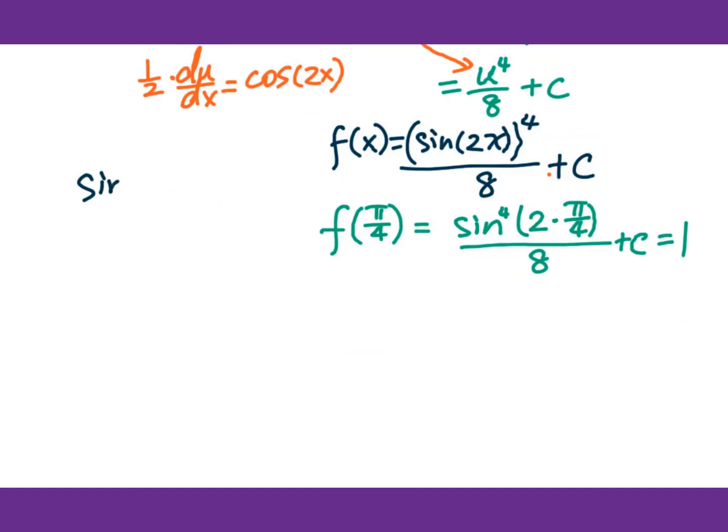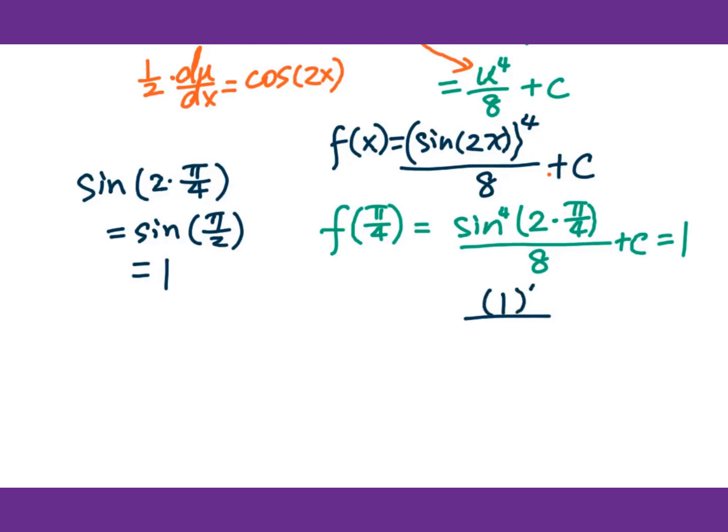Since sine of 2 times pi over 4 equals sine pi over 2 equals 1, you get 1 to the fourth power over 8 plus c equals 1. 1 over 8 plus c equals 1, so c equals 7 over 8.